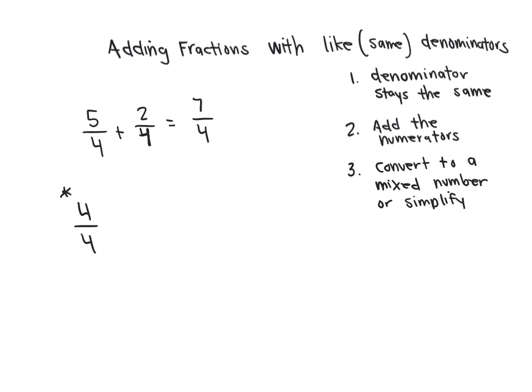If I have the same number on the top and the bottom, it's a whole number. It's kind of like if I had a whole package of something. I have 4 out of 4. So if I bought a 4-pack of brownies, I have 4 out of 4, so I have the whole package. So it equals a whole number.